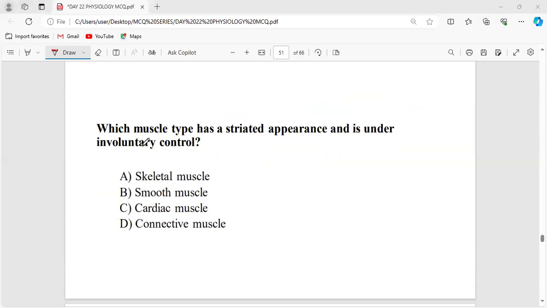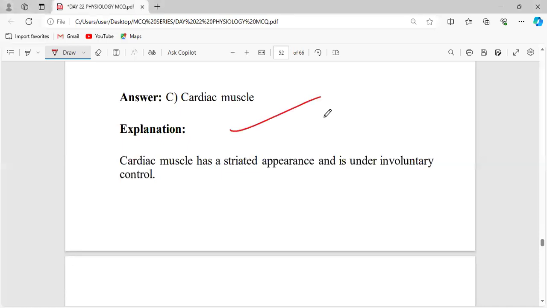Okay. And which muscle type has a striated appearance and is under involuntary control? It is involuntary and has a striated appearance. Cardiac muscle. Okay.